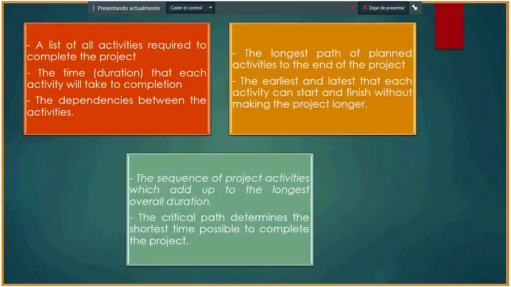Using this information, CPA calculates the longest path of planned activities to the end of the project, and the earliest and latest that each activity can start and finish without making the project longer.